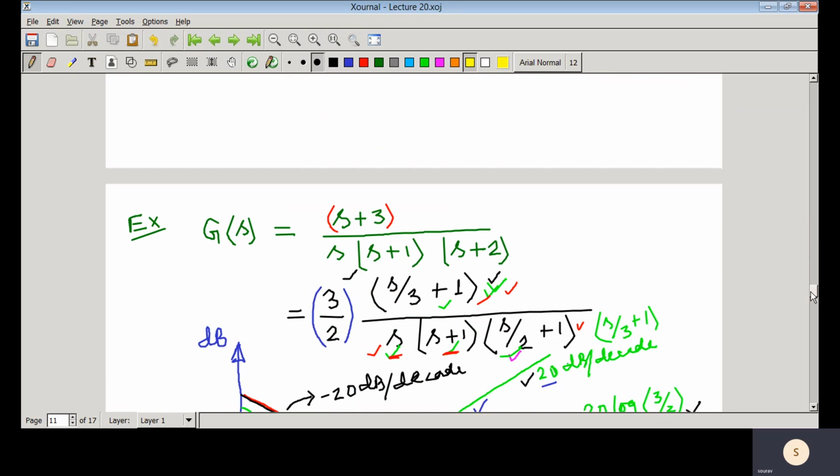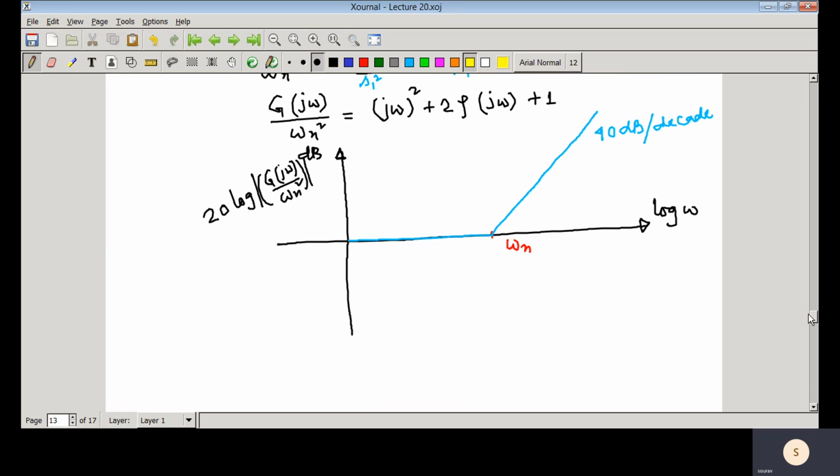If we vary zeta, say if zeta is very small, the important thing here is omega by omega n. That is the scaling: on the x-axis it is represented by omega n, and that is in log scale.